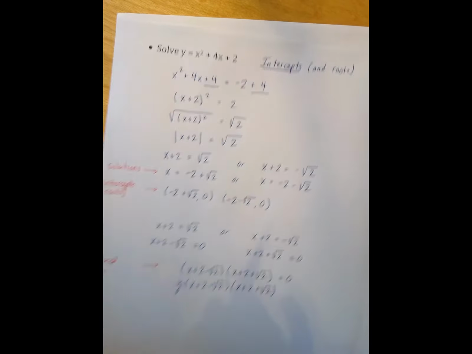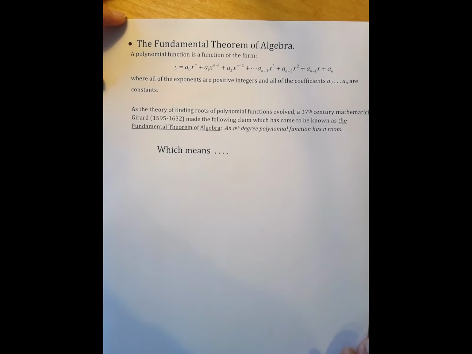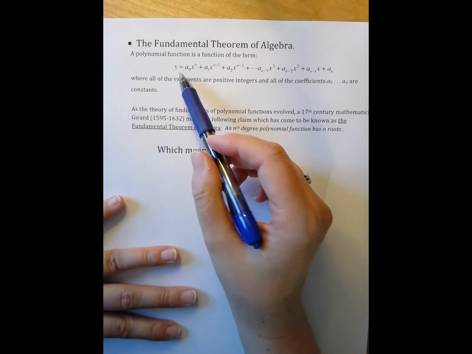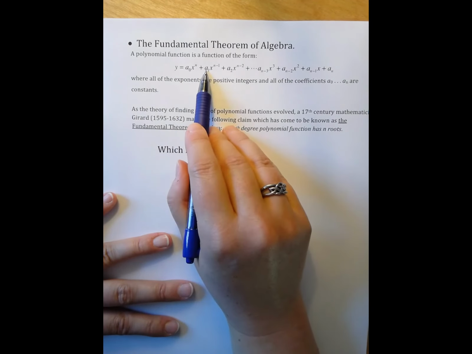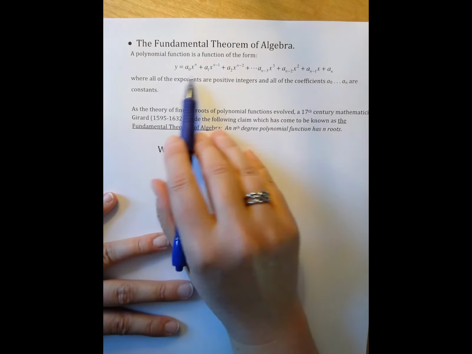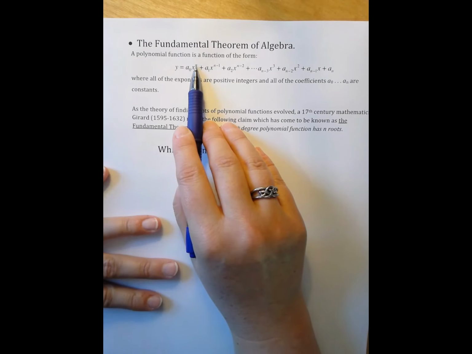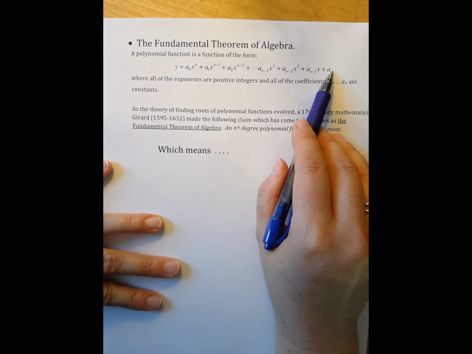The last thing I want to talk about with these notes is the fundamental theorem of algebra. So the fundamental theorem of algebra says we have polynomials, and polynomials can be written in this form, where we have various different coefficients in front of our x's, and the powers of our x's can start at some high number and descend all the way until we have x to the 0, which is 1.